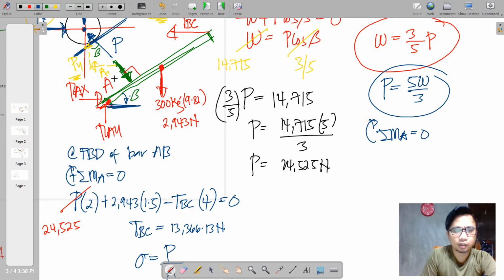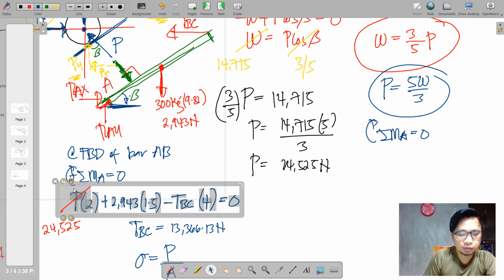So doing that, we have the same equation formed. So we have this one, but we're not going to place 24,525 here. Perhaps you can just copy this equation.